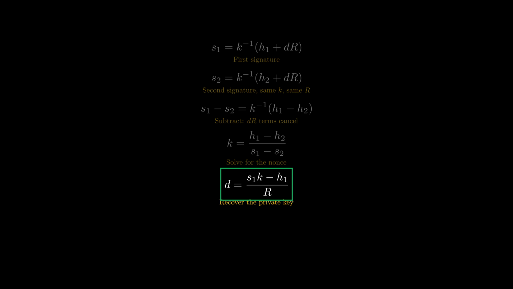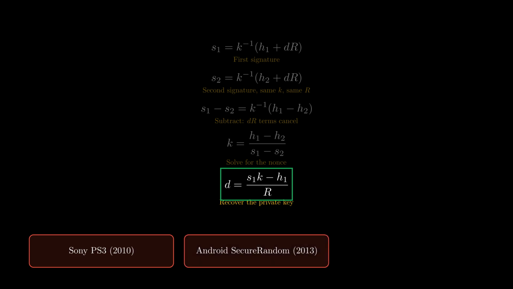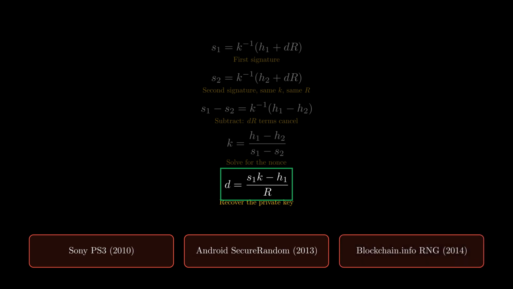Total compromise. And this isn't theoretical. It cracked the Sony PlayStation 3 in 2010. It drained Android wallets in 2013 when SecureRandom returned predictable values, and it hit blockchain.info's random number generator in 2014. The fix isn't better randomness, it's no randomness at all.